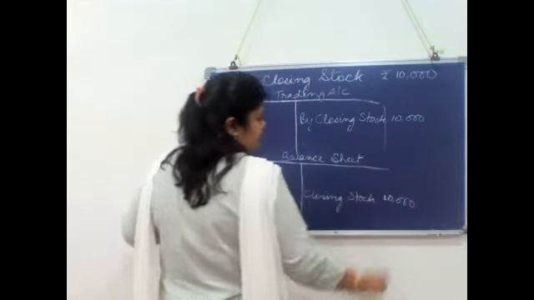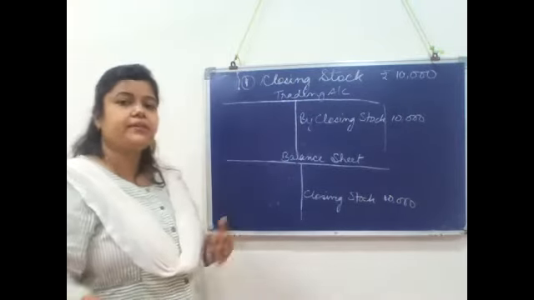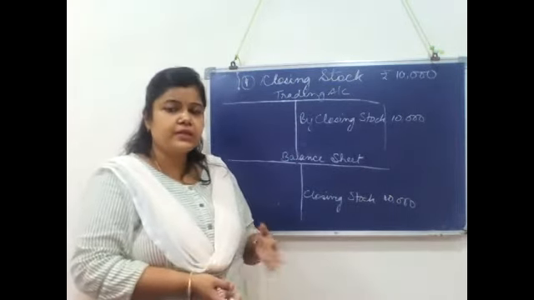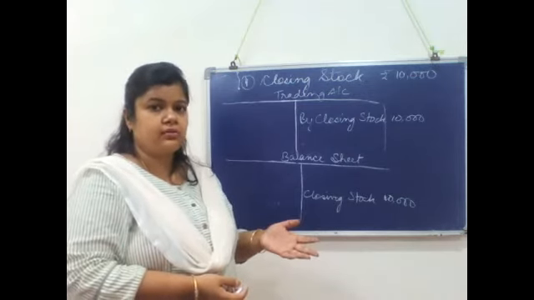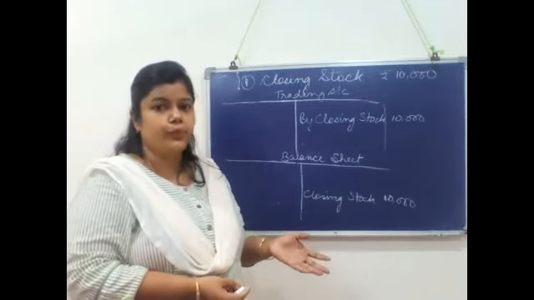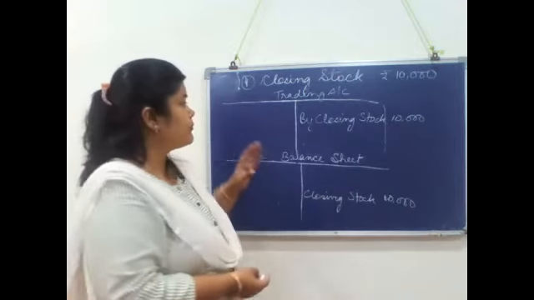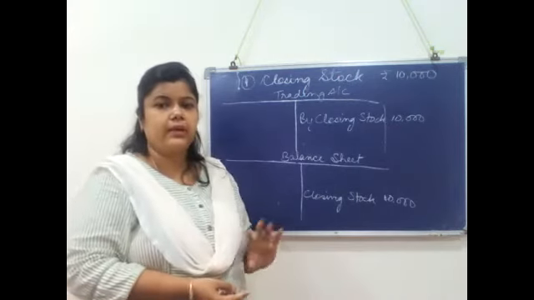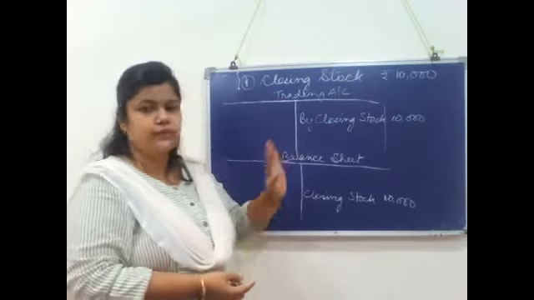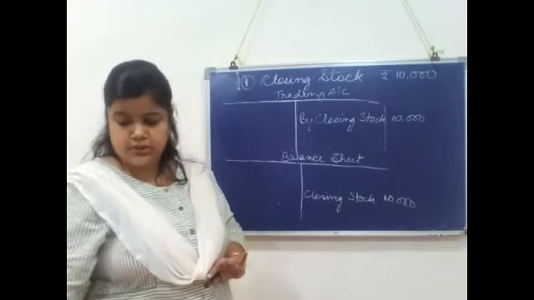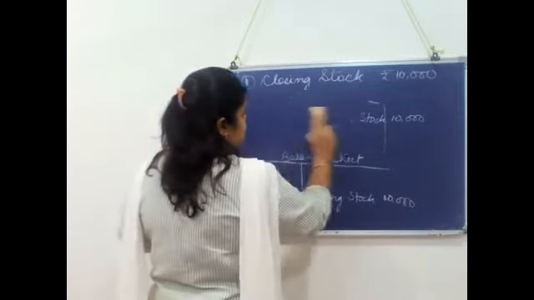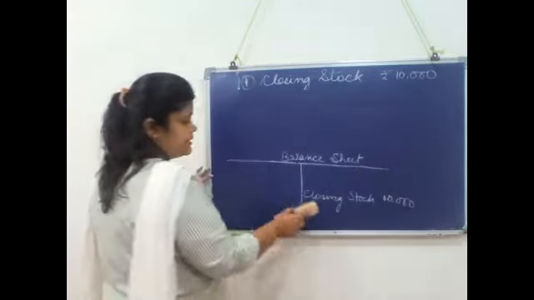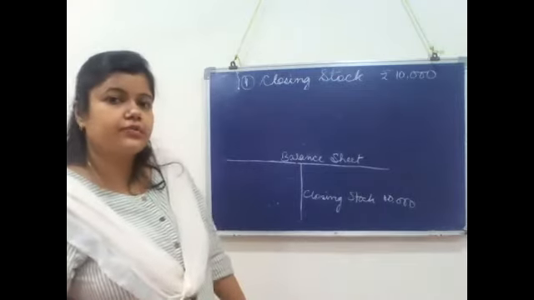But suppose it is given in trial balance. If it is given in trial balance, that means the effect of closing stock has already been incorporated. That means the amount of purchases given in the trial balance already has the deduction of closing stock, and so the effect of closing stock appearing in the trial balance will be on the asset side of balance sheet only.